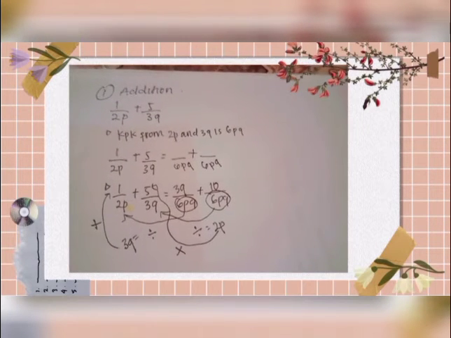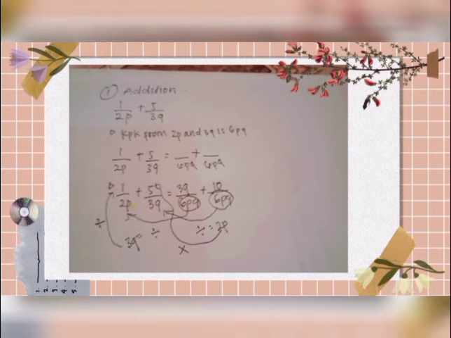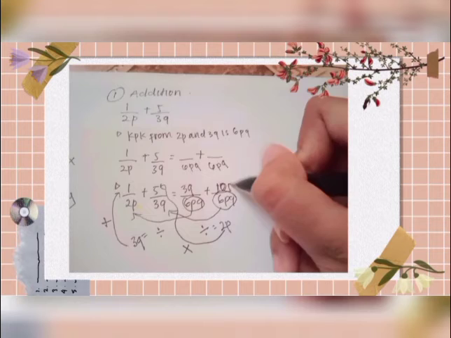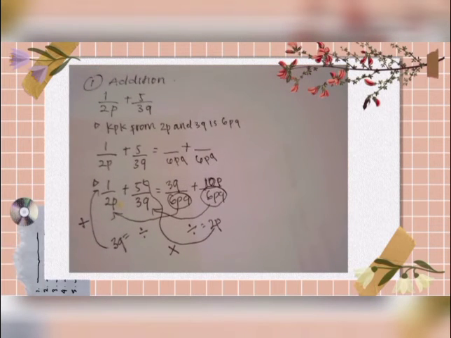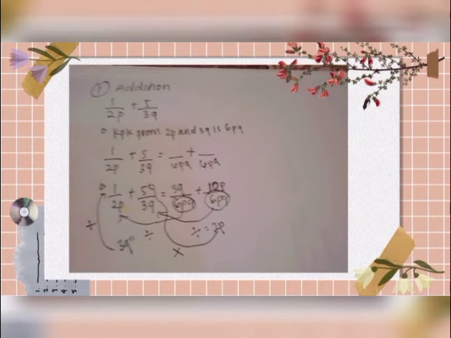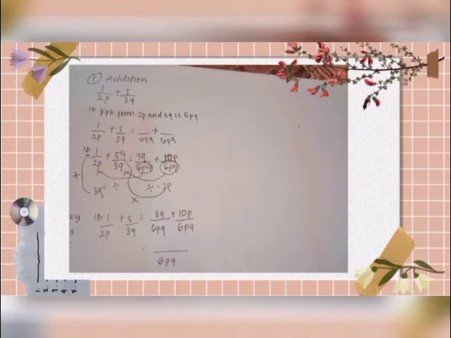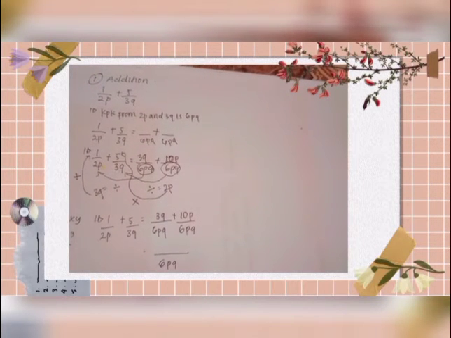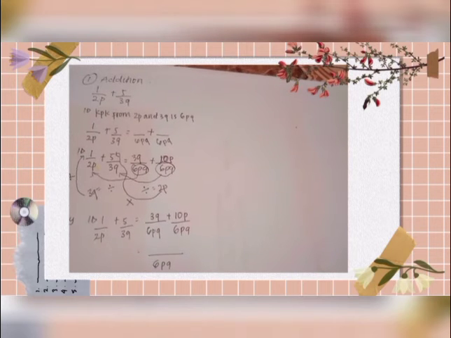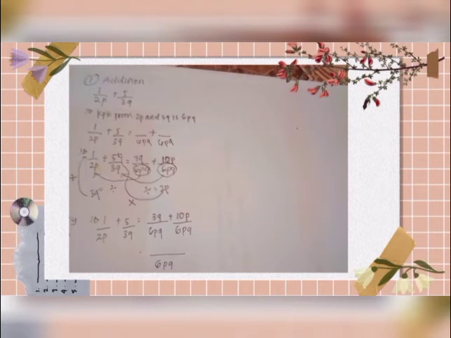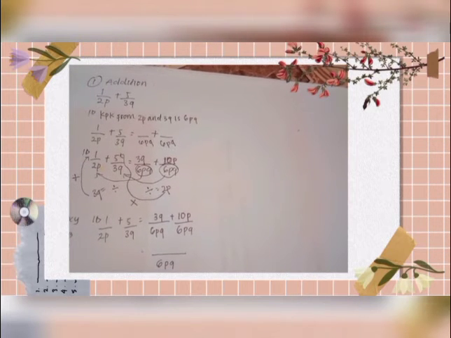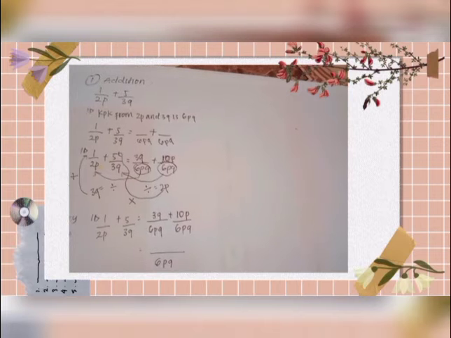Then times the numerator 5 equals 10p. So 10p over 6pq. The third, fraction operation. So the result of 3q over 6pq plus 10p over 6pq equals 3q plus 10p over 6pq.